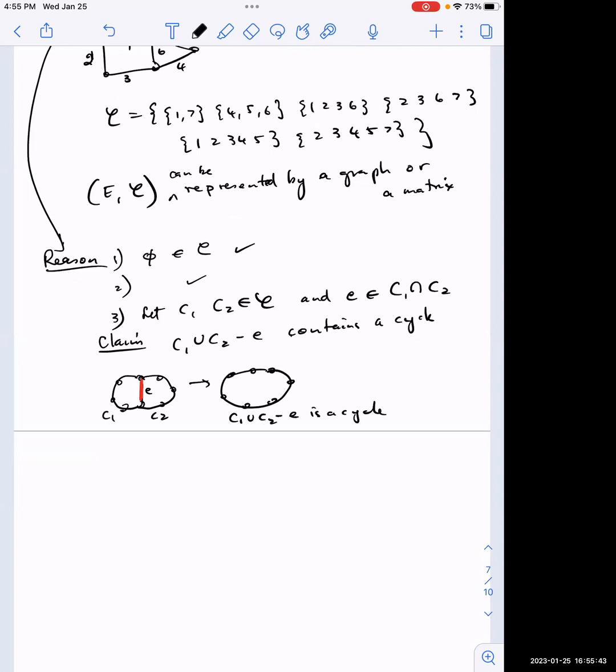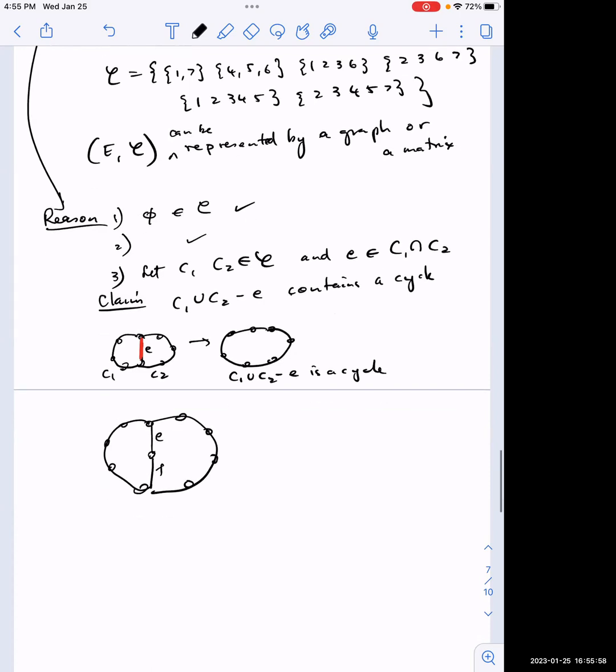But maybe you have something like this, and you have two edges. So this is E and this is another edge F. In that case, C1 union C2 minus E has F. But it contains a cycle.